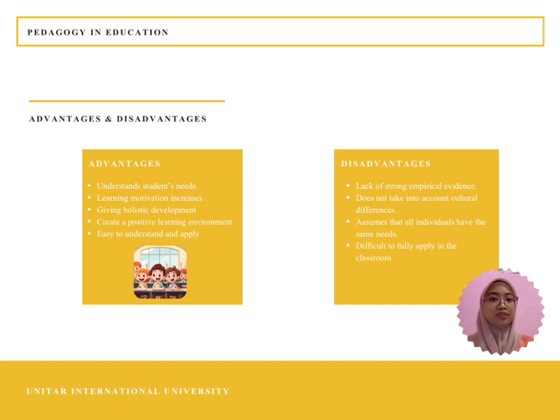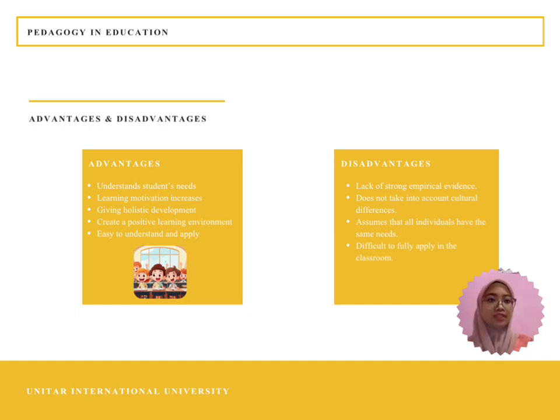But this theory also has disadvantages. The first one is lack of strong empirical evidence. The second one is that it does not take into account cultural differences, because at the same time, family and community needs are also important other than basic student needs.